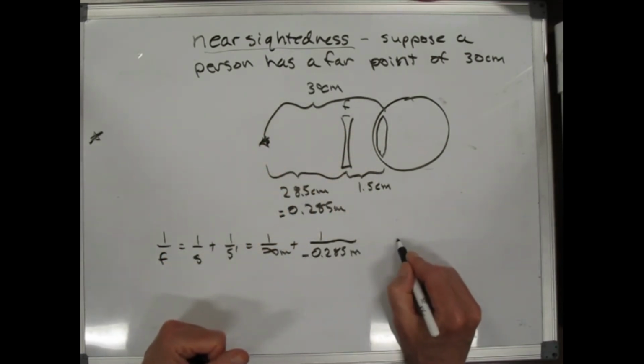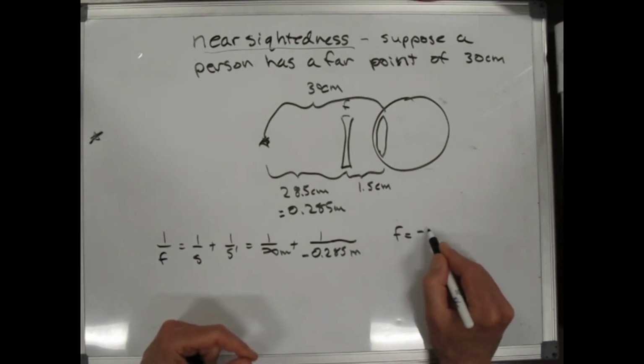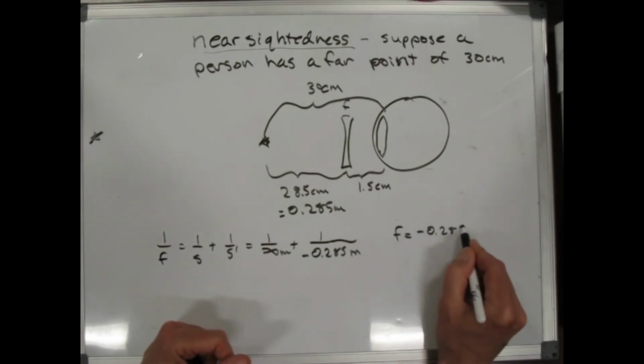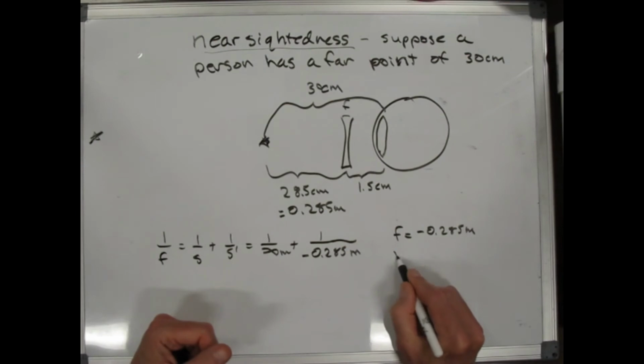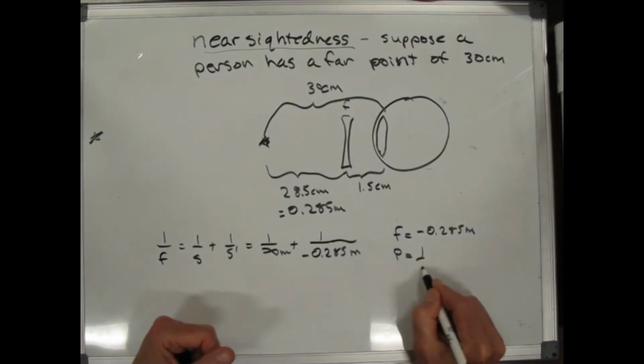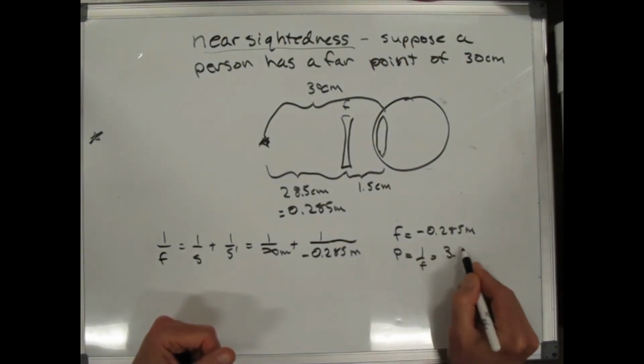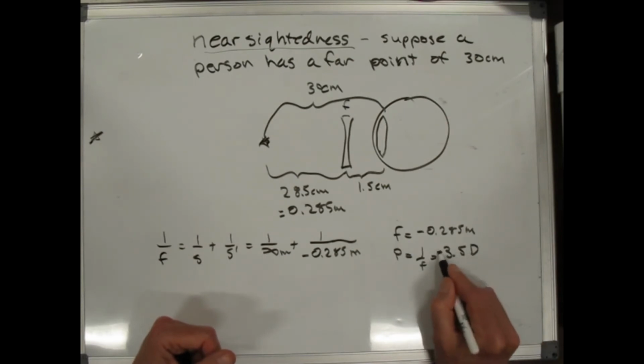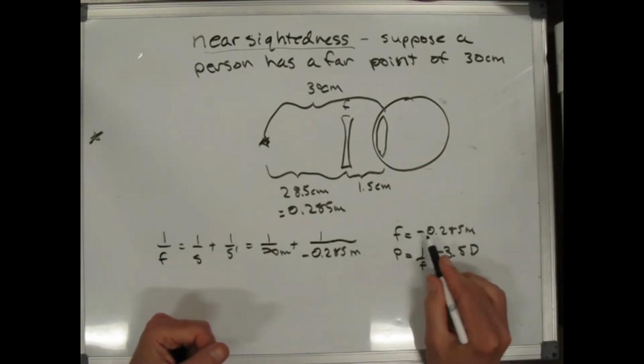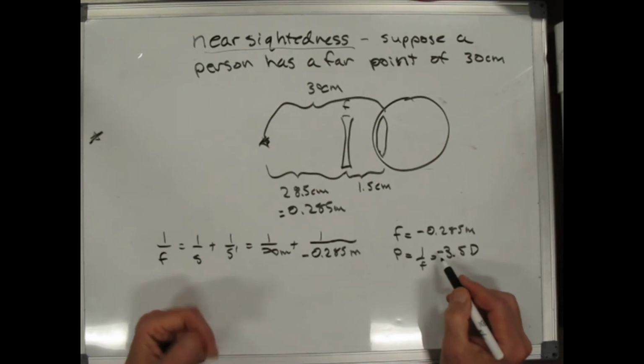If I evaluate this, I get my focal length is minus 0.285 meters. If I want to convert that into a power, it's about minus 3.5 diopters. The minus sign makes it a diverging lens.